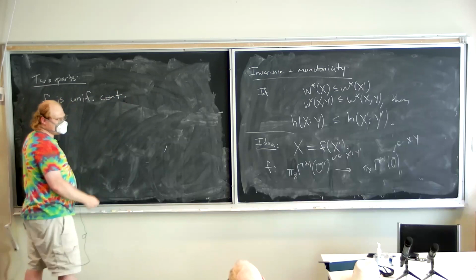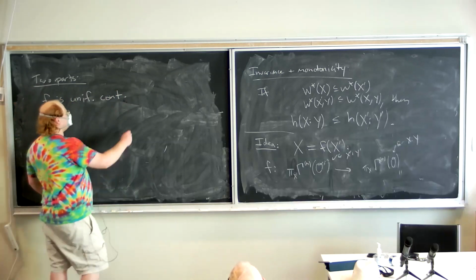So the point is, the F that I create is uniformly continuous with respect to 2 norm.